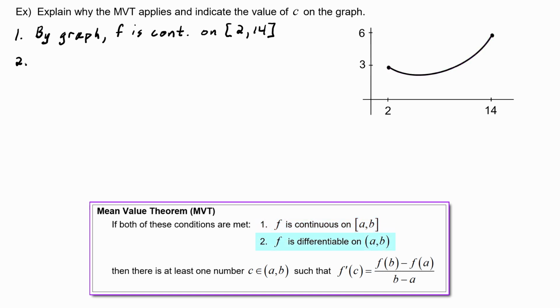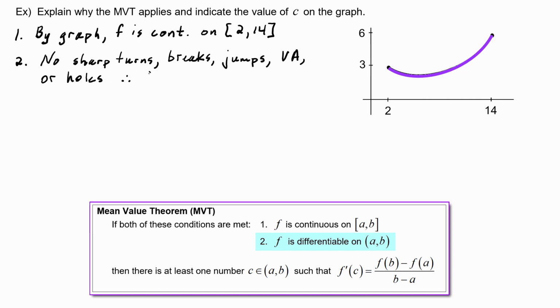Next, we have to show that f is differentiable on the open interval, in this case, 2 to 14. And once again, there's no sharp turns, breaks, jumps. So let's start listing that. No sharp turns, breaks, jumps, vertical asymptotes, or holes.